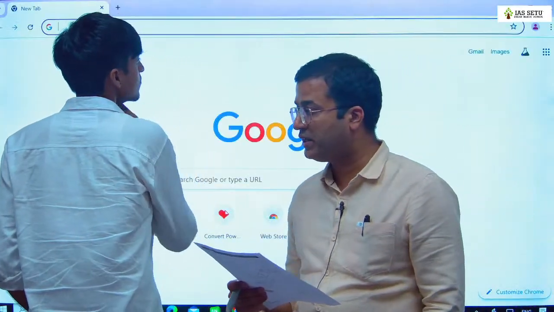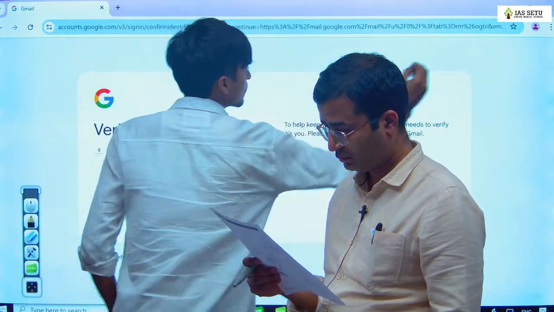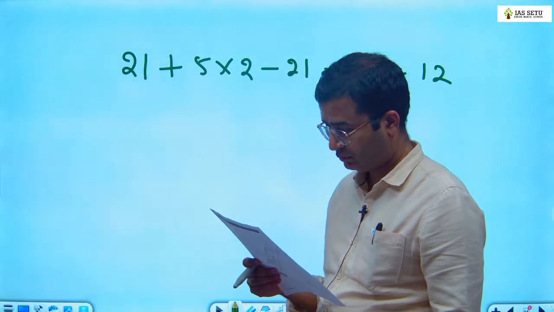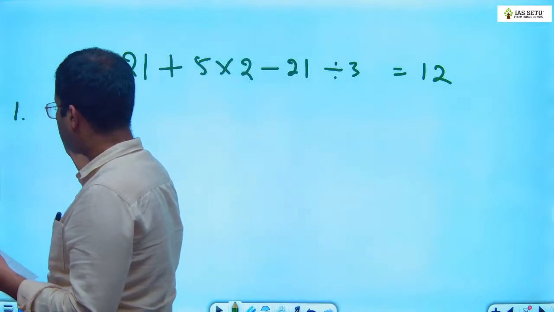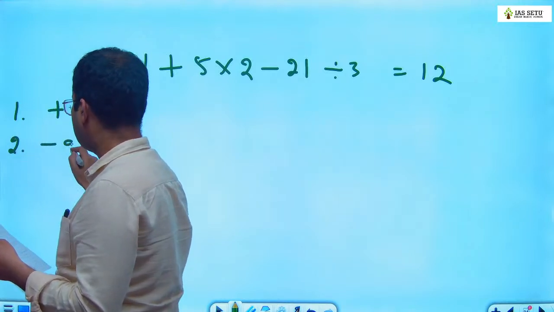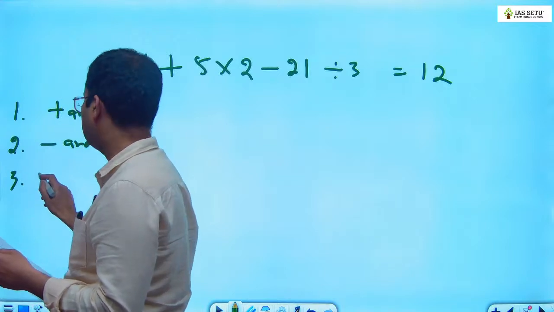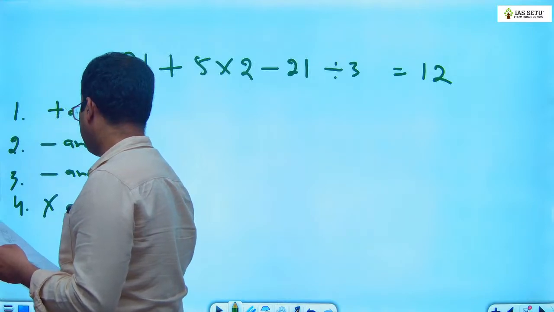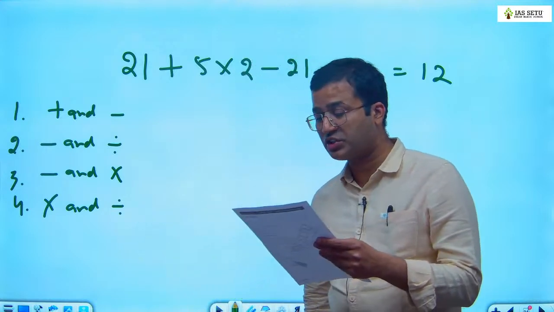ओके, सेकंड एंड थर्ड आंसर। माइनस शुड बी रिप्लेस डिवीजन, ऐसा कुछ होगा क्या? प्लस एंड माइनस, माइनस माइनस, थर्ड में माइनस एंड मल्टीप्लिकेशन, फोर्थ वन इज मल्टीप्ली and it is interchange.